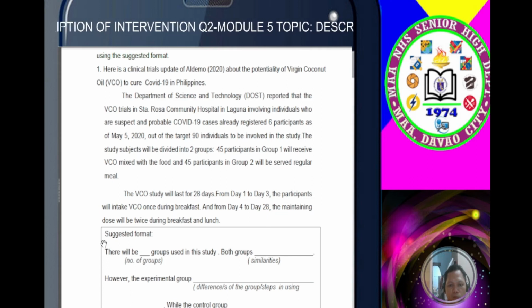From day 1 to day 3, the participants will take the VCO once during breakfast. After day 4 to day 28, the maintaining dose will be twice, during breakfast and lunch. Those are the facts in this given situation.